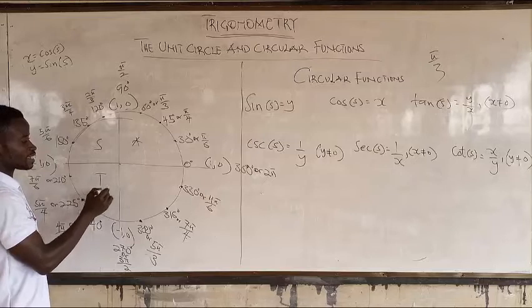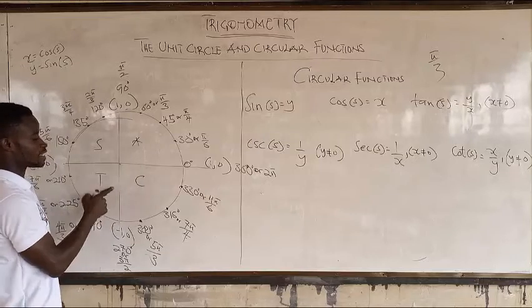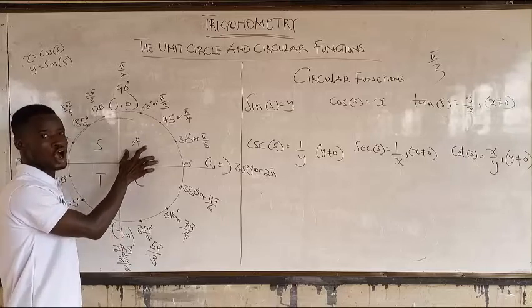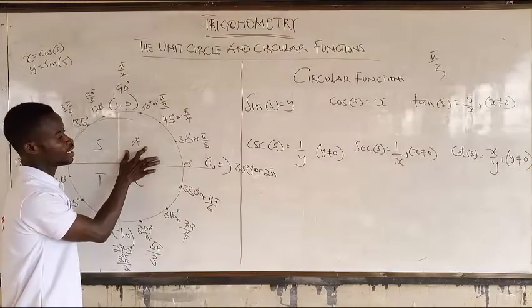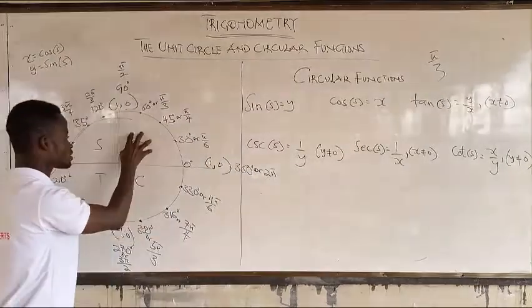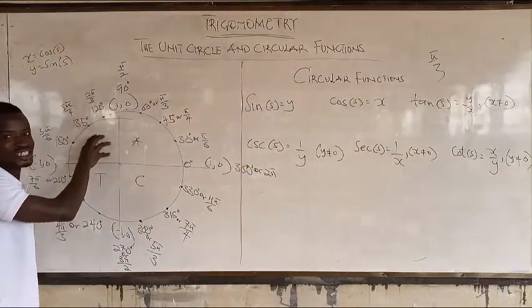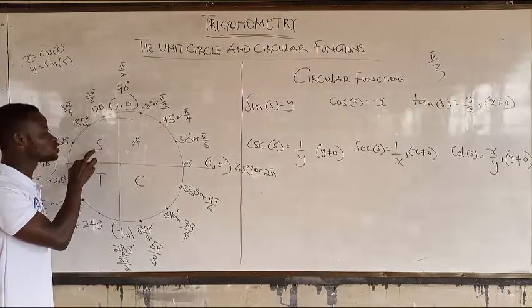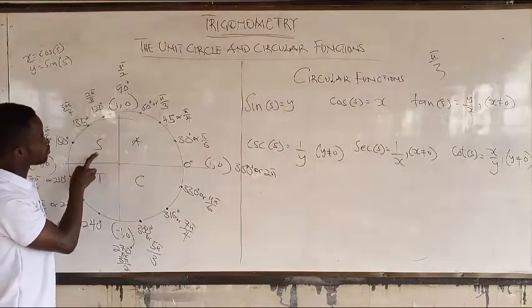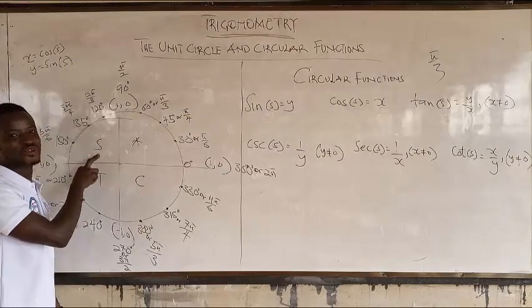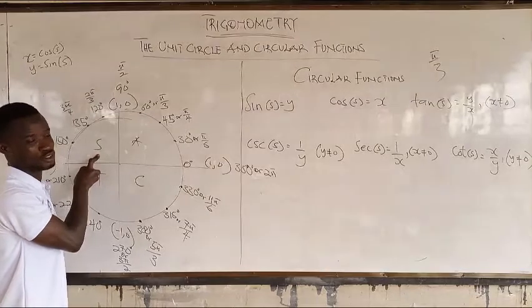Also, take note that for the first quadrant, all students take calculus. For the first quadrant, all the trigonometric functions are positive. And for the second quadrant, only sine and its reciprocal cosec is going to give you positive.